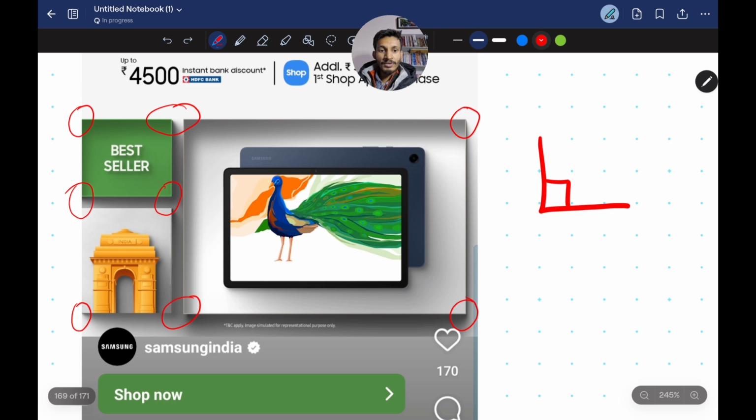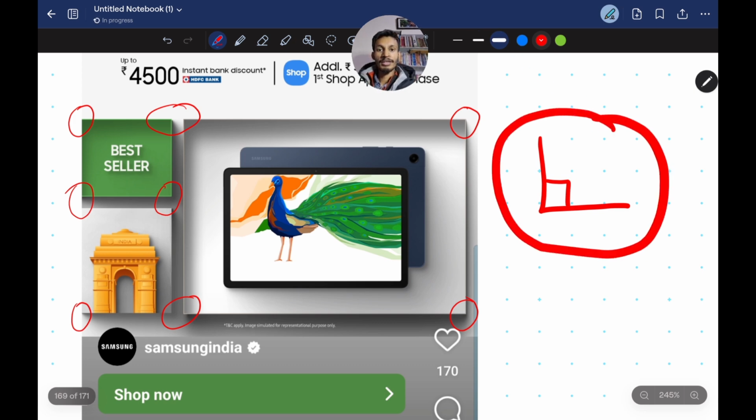Now 90-degree corners are obsolete in terms of design, right? If you are making graphics, if you are making elements for your website, for your software, for icons, in this case I am also a Samsung user, I would show you my home screen in just a while, the user interface, user experience, anything, using this 90-degree element is outdated.